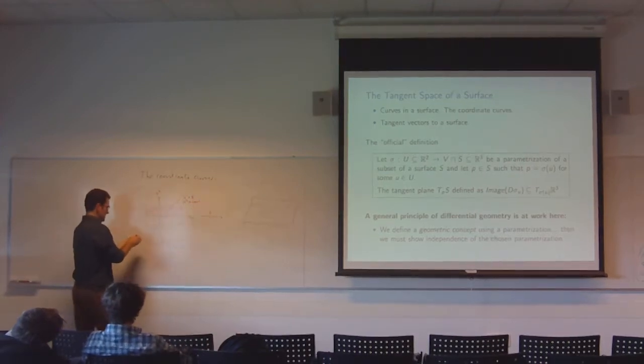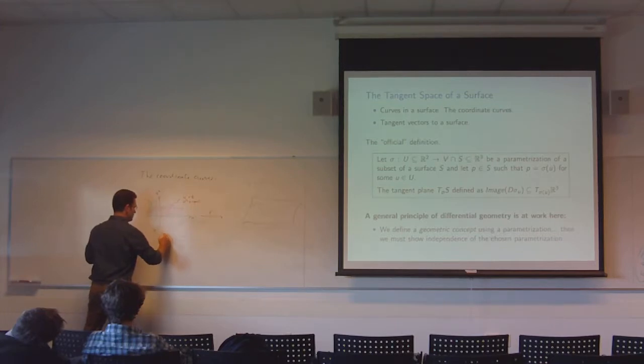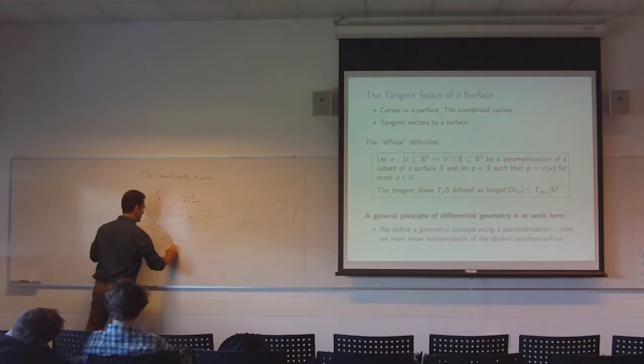And the other set of coordinate curves are these guys: U2 is equal to t, and U1 is equal to a constant.